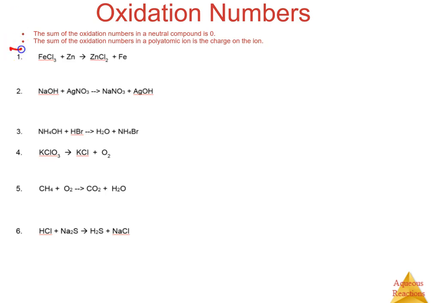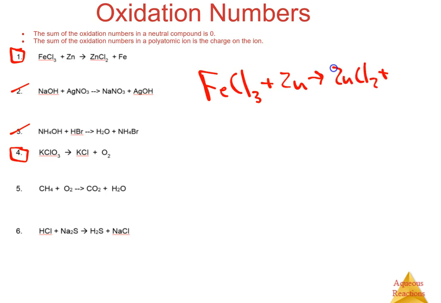Now, this one is pretty simple. These two for right now are not redox reactions, so don't try and force them to be. But let's look at FeCl3 plus zinc goes to ZnCl2 plus Fe. Applying what I just learned, the first thing I should always do, what things get zeros?